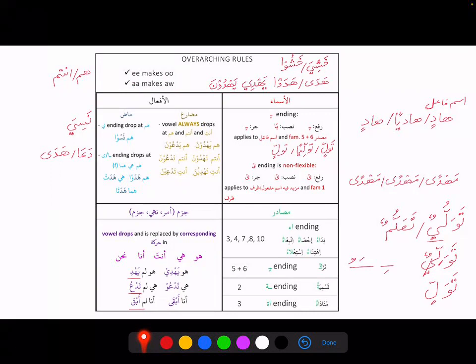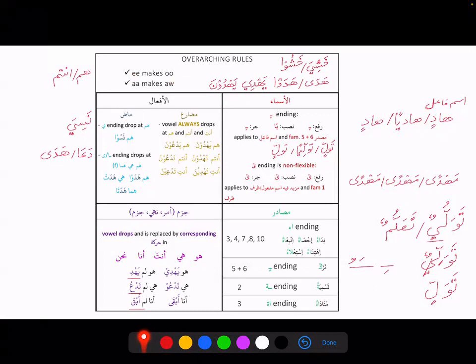So basically, whenever the middle root letter has kasra and we are conjugating hum, it will become an oo sound. So that is what it meant. E makes oo sound.